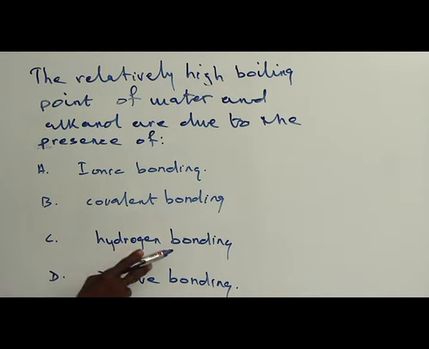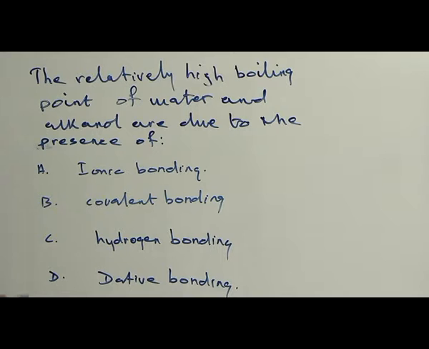C, hydrogen bonding. Yes, it is hydrogen bonding. This is the bond that occurs when hydrogen forms a bridge between two highly electronegative elements. So you can see that hydrogen and oxygen have a fairly large difference in their electronegativity.